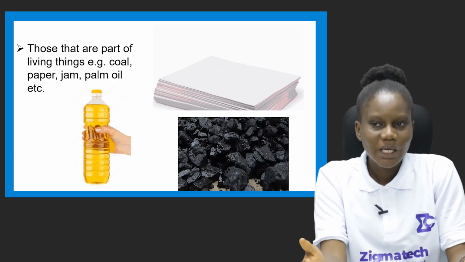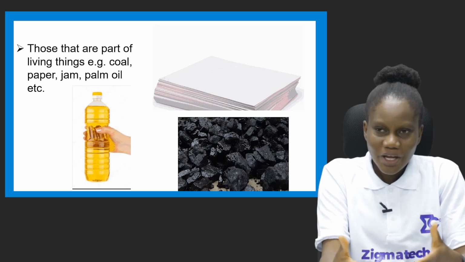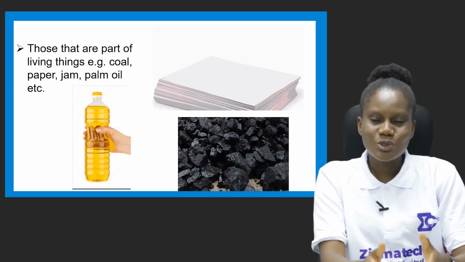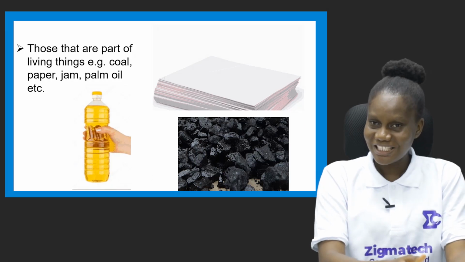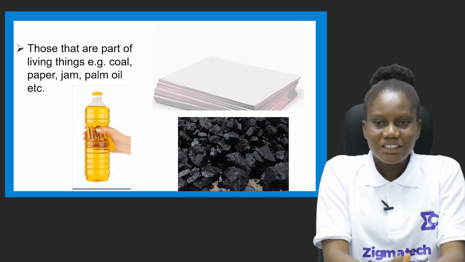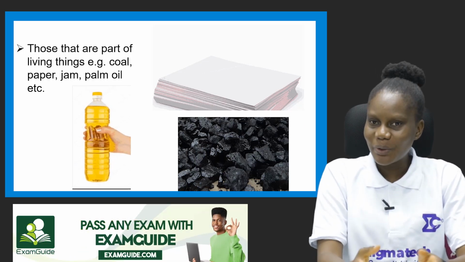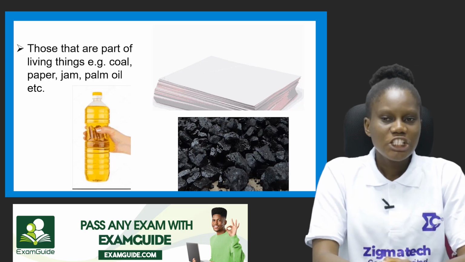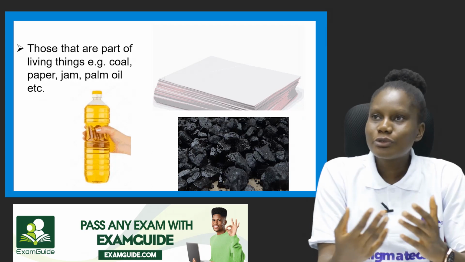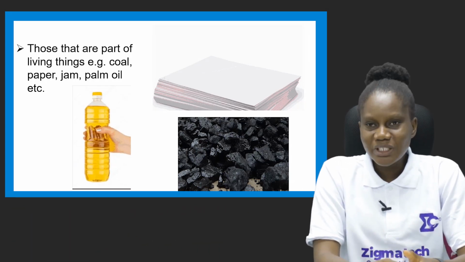Your paper, and if you remember, our question in the previous class was, where do you get your papers from? By the end of the class, we saw that it was gotten from trees. So you can trace your paper to trees. They were part of living things before they became non-living things. Your palm oil or your groundnut oil or any of your oil, you can trace them to living things.